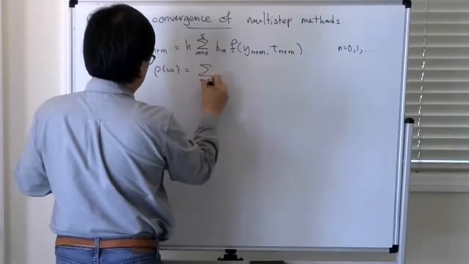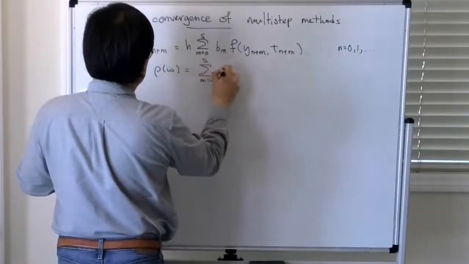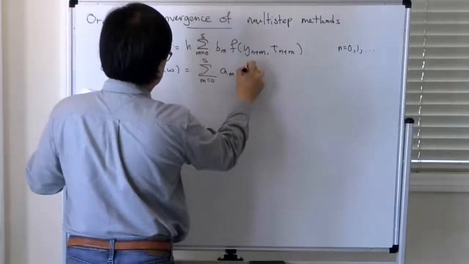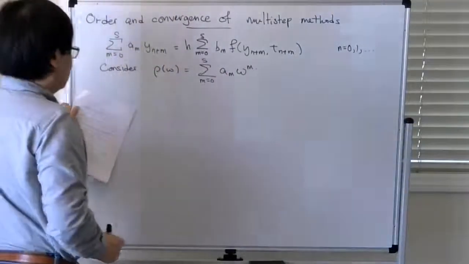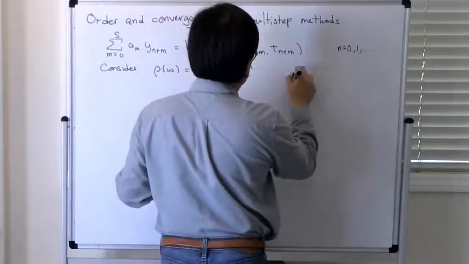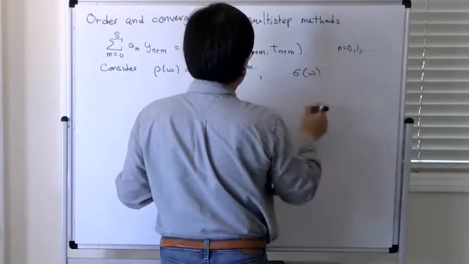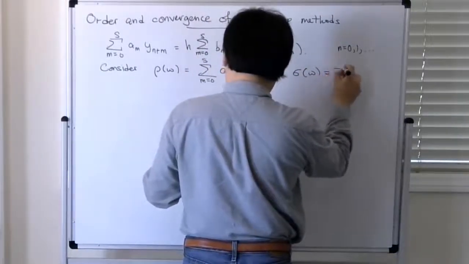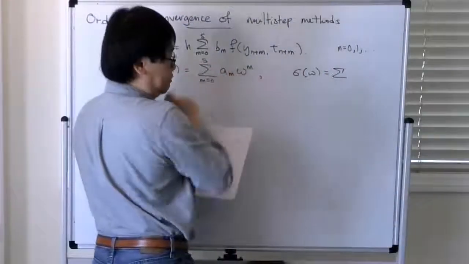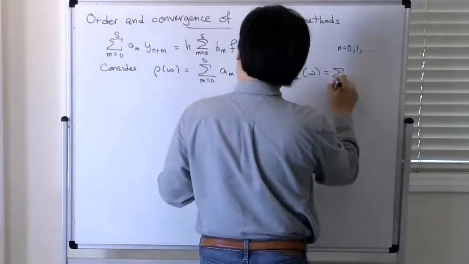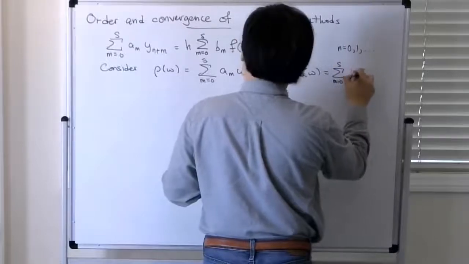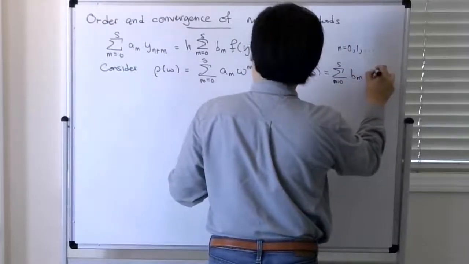Okay, so sum m equals 0 to s of a_m w to the m. And then I have a sigma of w, which is obtained by using the b_m coefficients. Okay, sum m equals 0 to s of b_m w to the m.